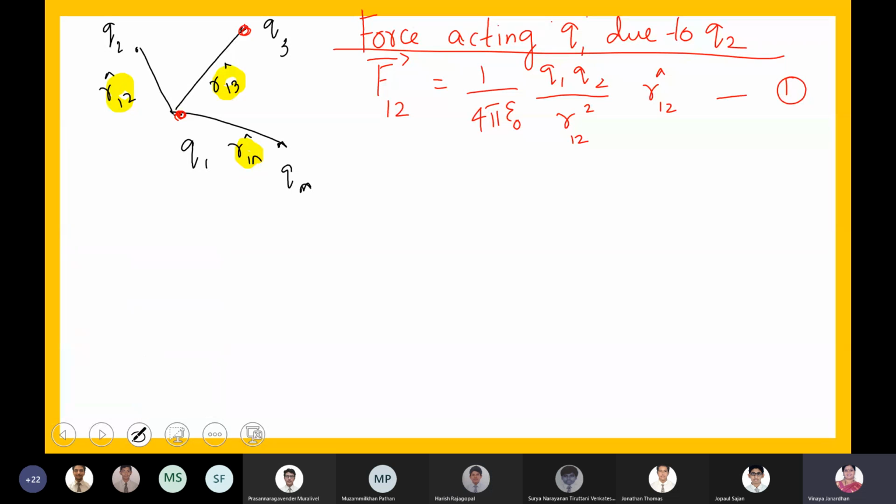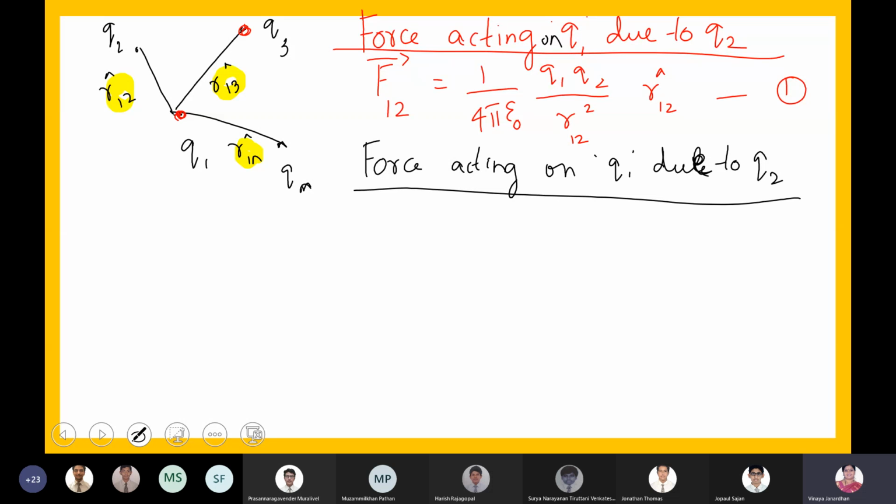Now, force acting on Q1 due to Q3. What should I write, boys?